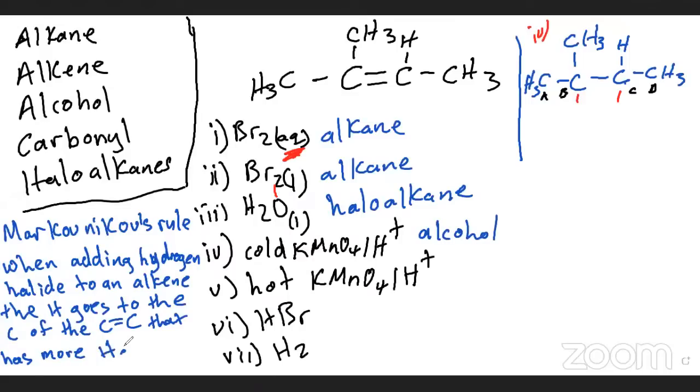So when you're adding hydrogen halide, in this case HBr, you're going to put the hydrogen on the carbon of the double bond with more hydrogen.